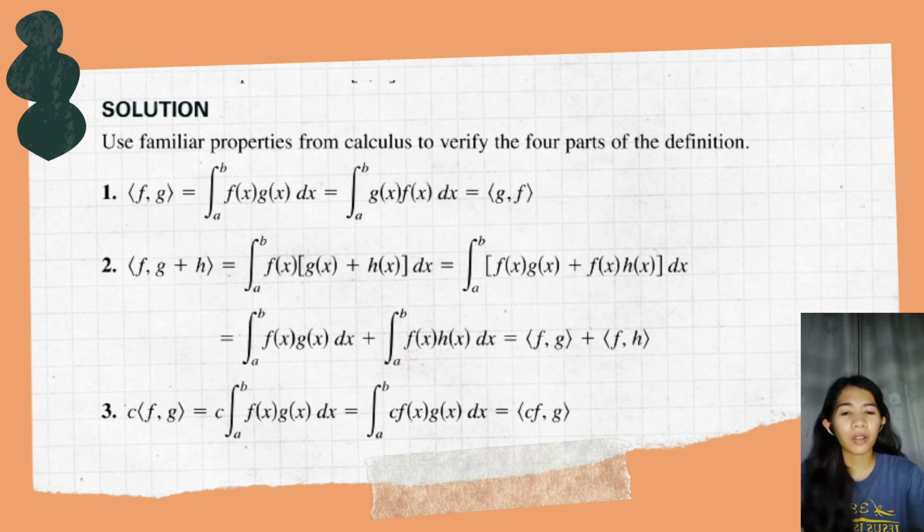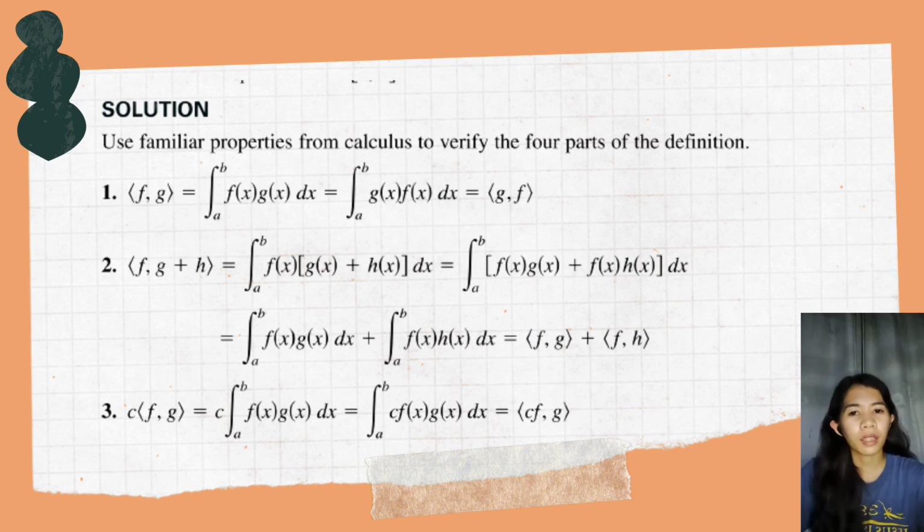This will give us the integral from a to b of f of x times g of x plus h of x dx, which is equal to the integral from a to b of f of x times g of x plus f of x times h of x dx, which is equal to the integral from a to b of f of x times g of x dx plus the integral from a to b of f of x times h of x dx, which is equal to the inner product of f and g plus the inner product of f and h.